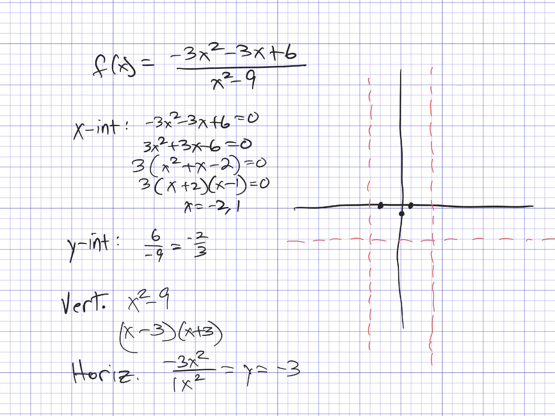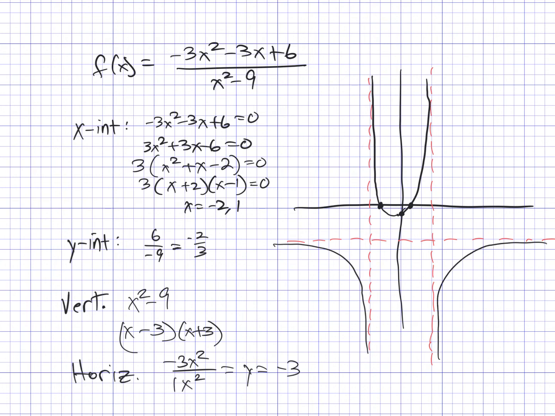And you notice the middle part's easy to do here, and so will the left part and the right part. On the left part, there aren't any x-intercepts, and on the right part, there aren't any x-intercepts. So that means the lines have to be in these open areas.